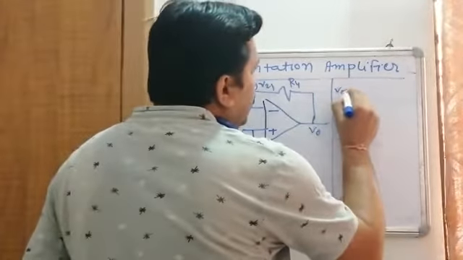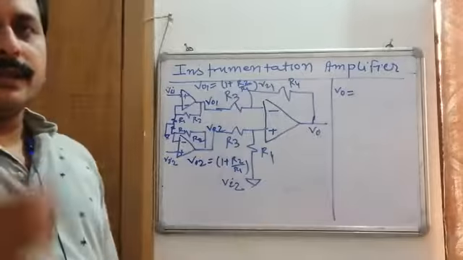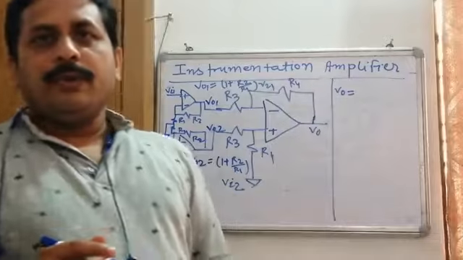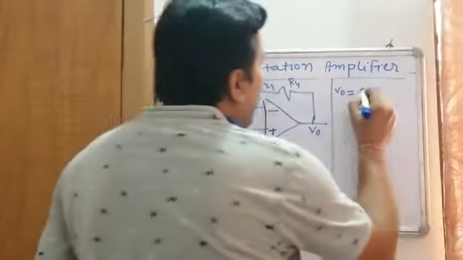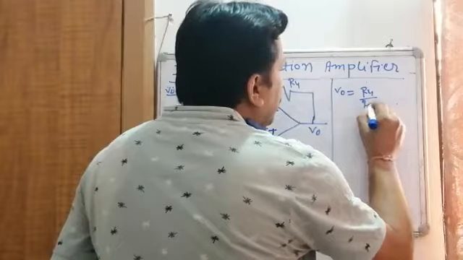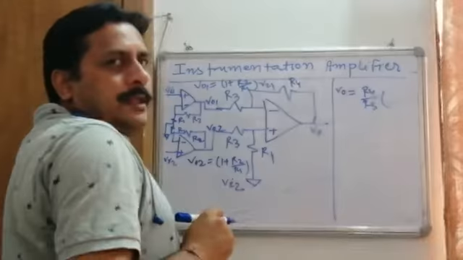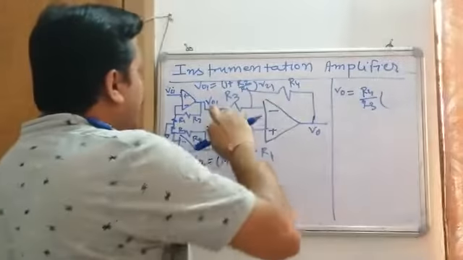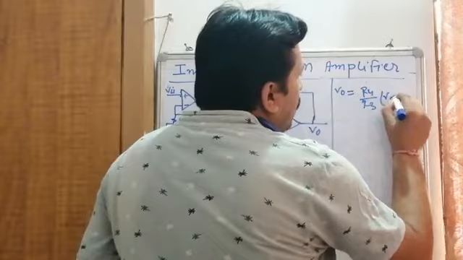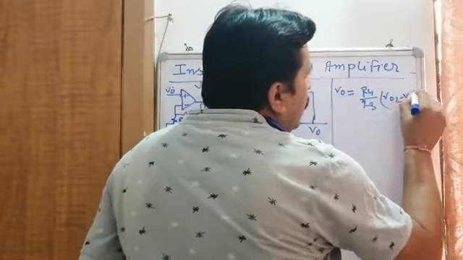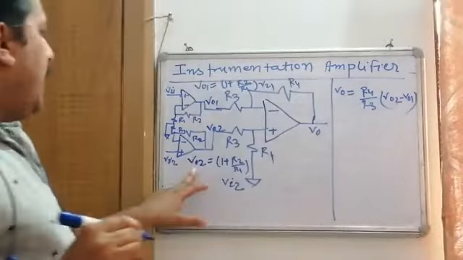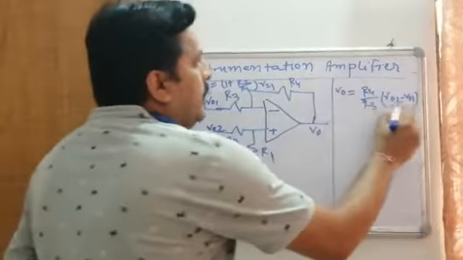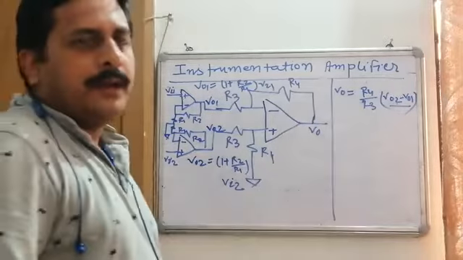In the previous lecture I derived the gain of the difference amplifier. We know the gain of the difference amplifier is R4 by R3, and the output voltage is gain multiplied by the difference of the input voltages, V02 minus V01. We have found the values of V02 and V01.